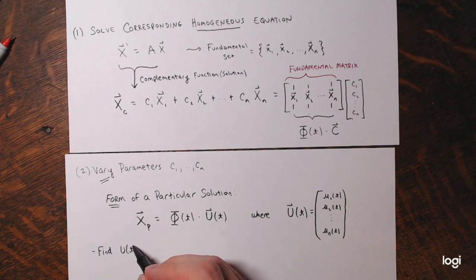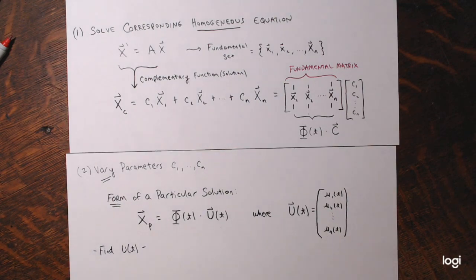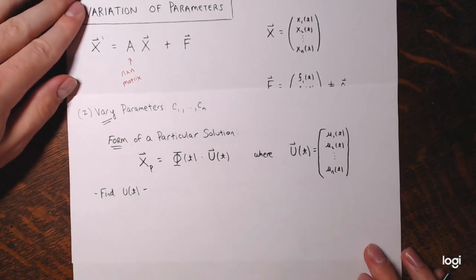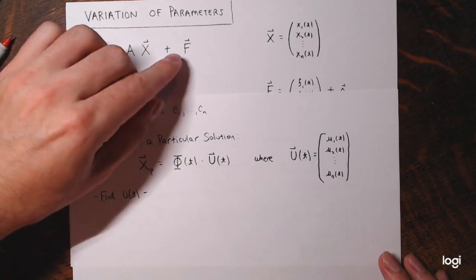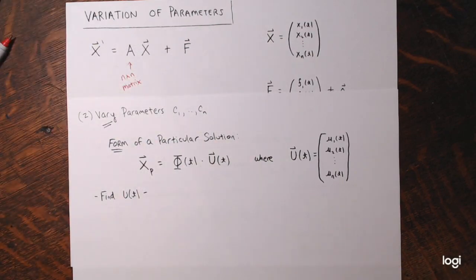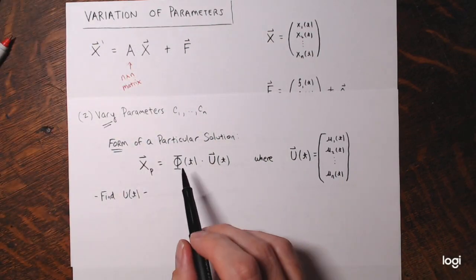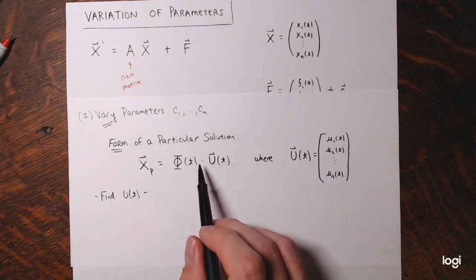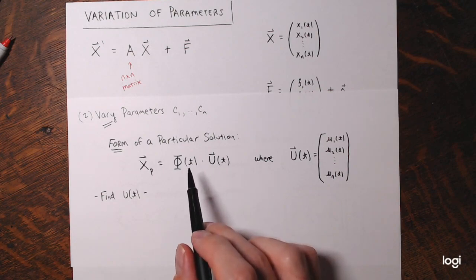I'm just going to go in general here into our non-homogeneous equation and see if we can solve for u of t. Rather than write all the t's every time, just know that everything I write depends on t.